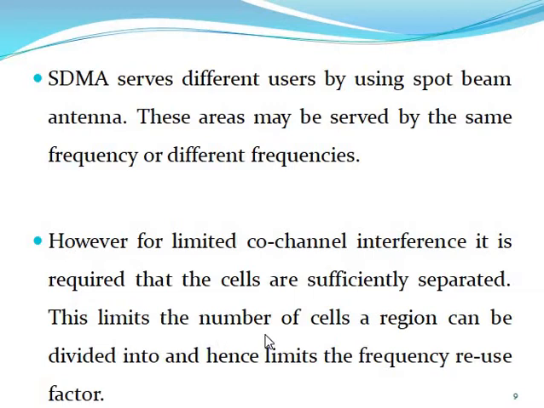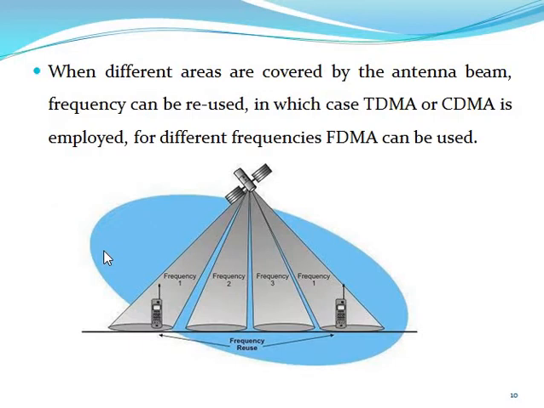This limits the number of cells, and the region can be divided by a limited frequency reuse factor. When different areas are covered by the antenna, the frequencies are reused, in which case TDMA or CDMA is employed. For different frequencies, FDMA can be used.